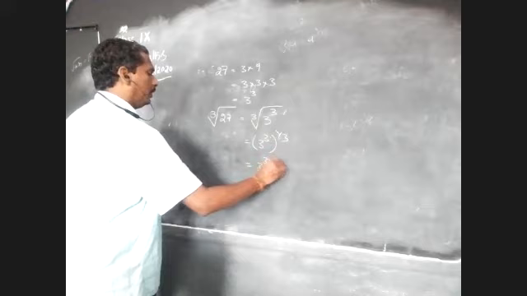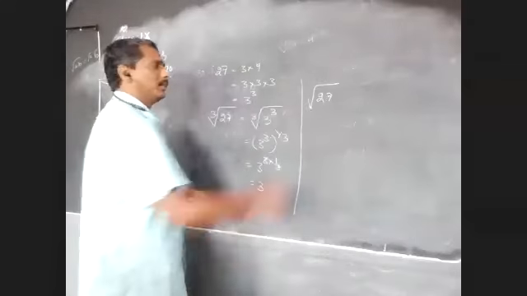Suppose it is given like this: the square root of 27.